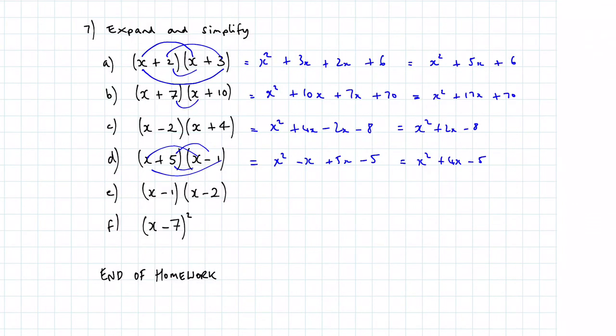This one will be x squared minus 3x plus 2. And this last one, if I write it out in full, when you square something, it means to times it by itself. So you end up with a question just like A, B, C, D, E, and you do first, outer, inner, last, and you get x squared minus 14x plus 49. The reason it's plus at the end is because minus times a minus makes a plus. That's a little squared sign there on the x.